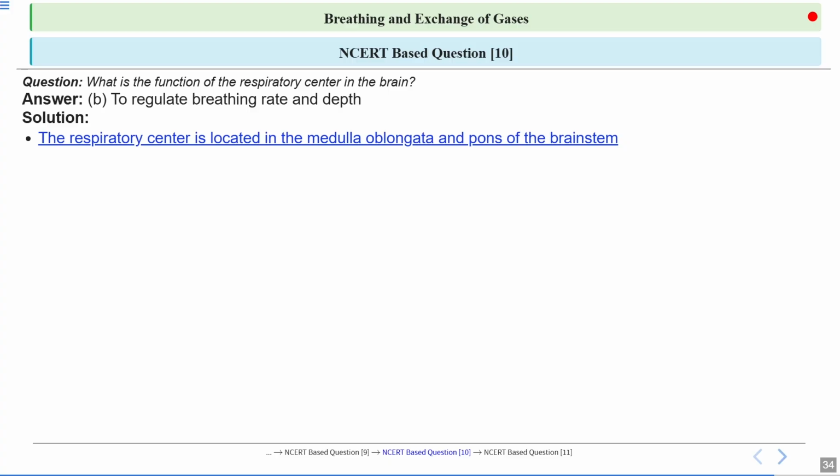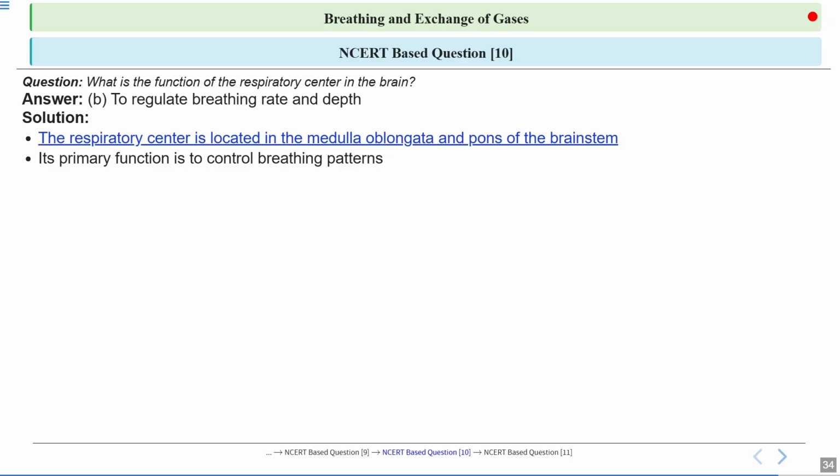The respiratory center is located in the medulla oblongata and pons of the brain stem. The medulla oblongata is in the hindbrain, and the round portion just above it is called the pons. So the respiratory center is located here.